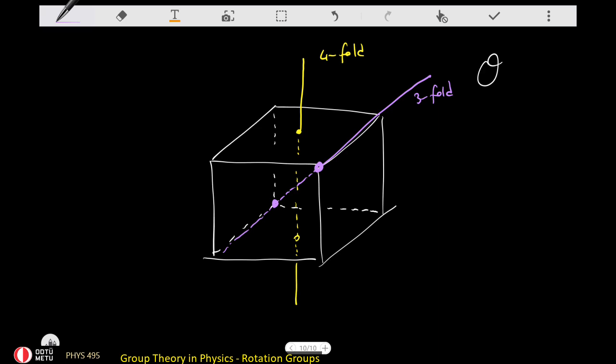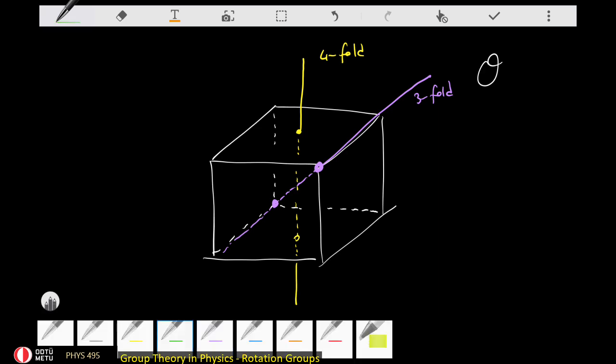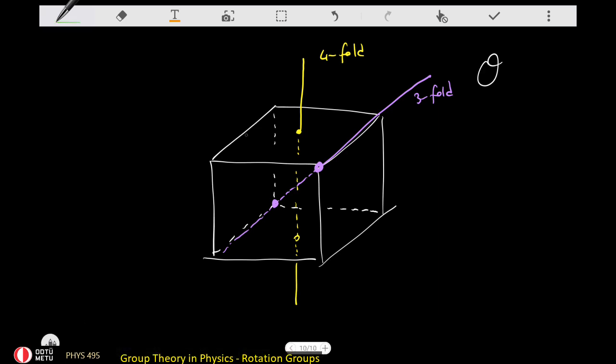Okay. And then there's a twofold axis, so I'm going to use a green color for that. So I'm going to choose the midpoint of that edge and the midpoint of that edge. For this one too, the axis passes through the body center of the cube. So there's an axis like that.